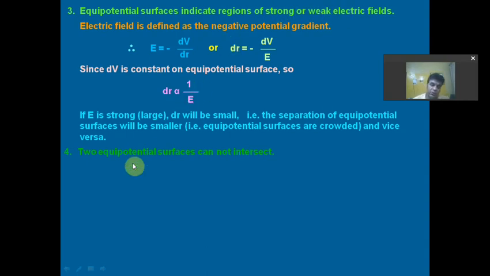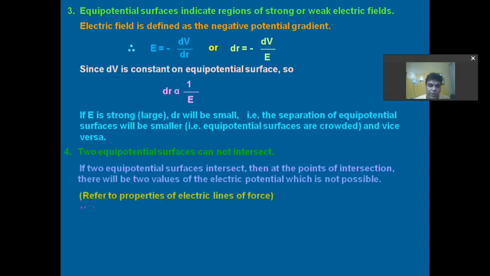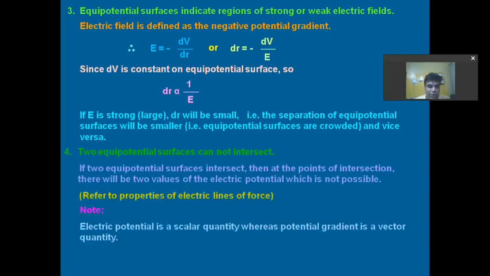Next we come to point 2. Equipotential surfaces cannot intersect. This is a very important property. If two equipotential surfaces intersect, then the point of intersection will have two different electrical potentials, as we know. What is the property of electrical lines of force?